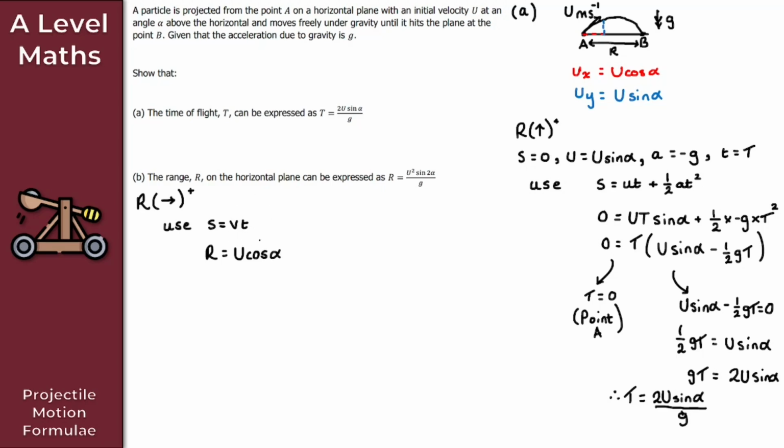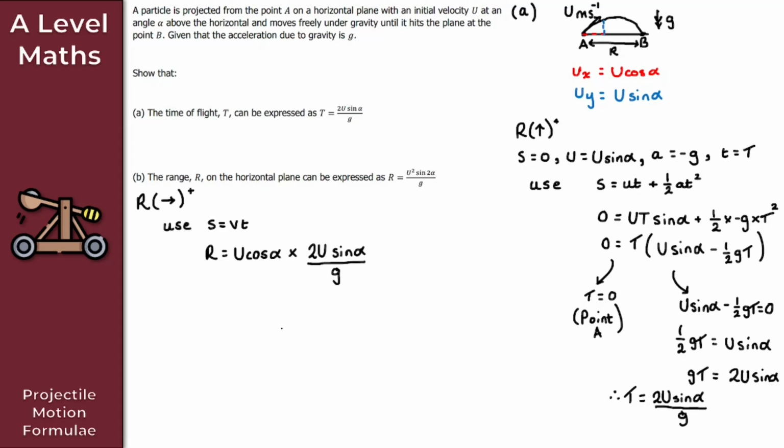And then we times this by t. So t in this case, for the range, is actually just the time of flight, which is capital T. So we get u cos alpha times T. And we know that T is equal to 2u sine alpha over g. We established that in part A, where we showed how to derive that result. So we times this by 2u sine alpha all over g.